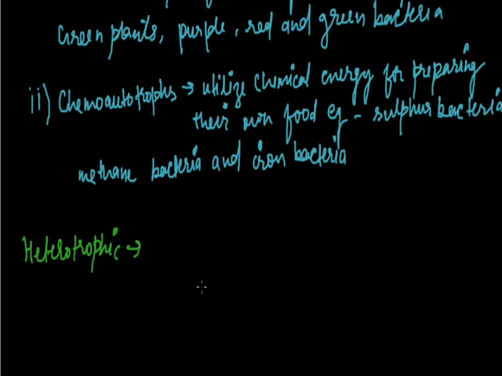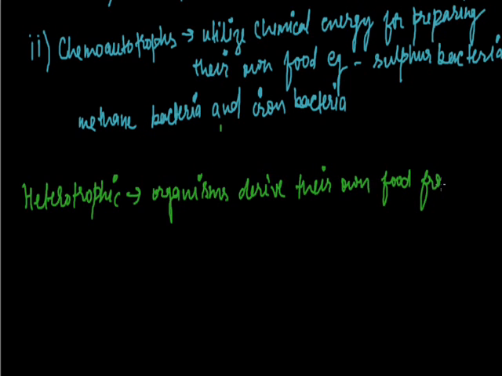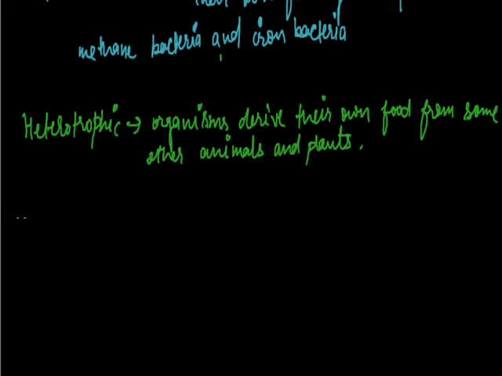As I have already told you, in this type of mode of nutrition, organisms derive their food from other animals or plants because they cannot prepare their own food. Example: human being.